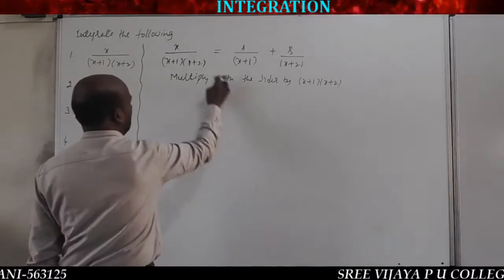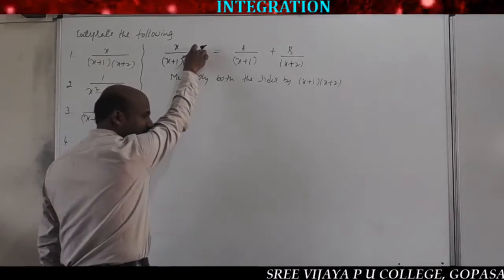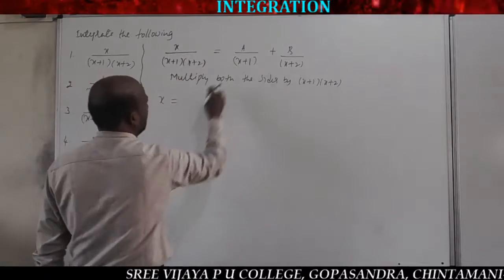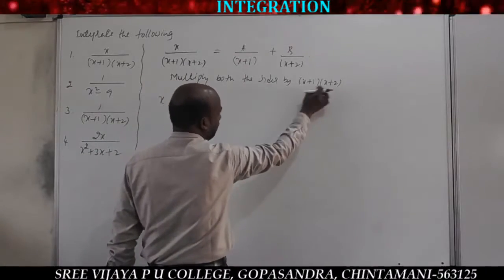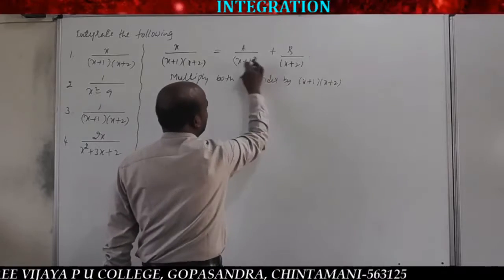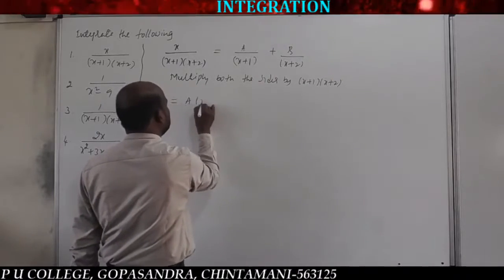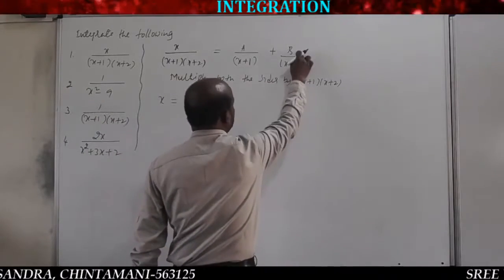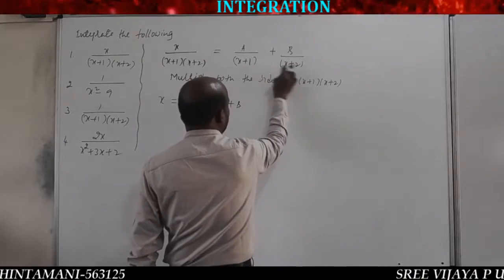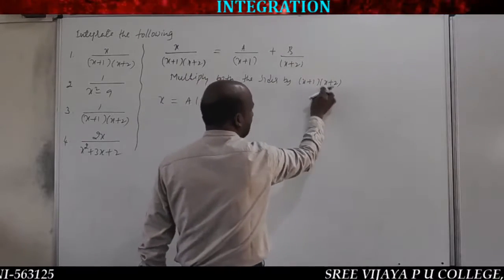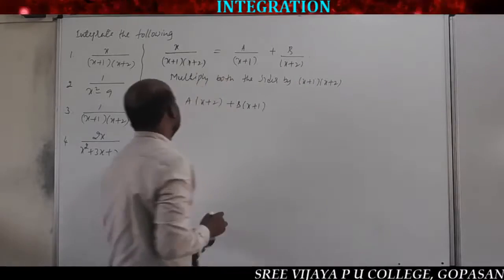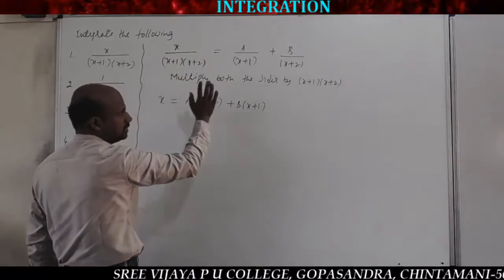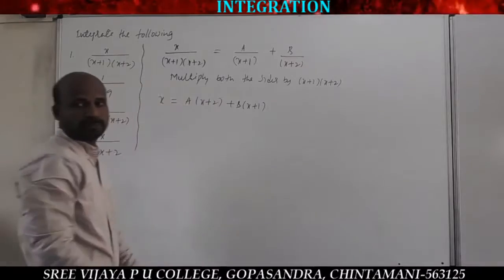So when we multiply both sides by x plus 1 into x plus 2, in the LHS we get x. So this is x. Now for the first term, multiplying by x plus 1 into x plus 2, x plus 1 cancels and x plus 2 remains, that is a into x plus 2. For the second term, multiplying by x plus 1 into x plus 2, x plus 2 is eliminated and x plus 1 remains. So that is in the LHS. I think it is clear. Multiply both the sides by x plus 1 into x plus 2.